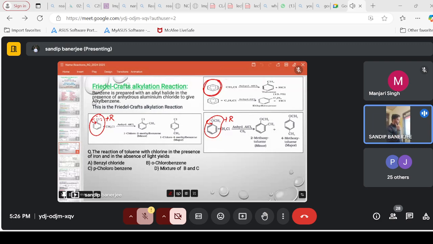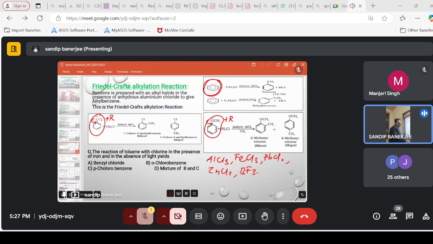Now here, generally we use any kind of Lewis acid like anhydrous aluminum chloride. It might be AlCl3, might be PbCl2, might be ZnCl2, might be BF3, any Lewis acid you can use.